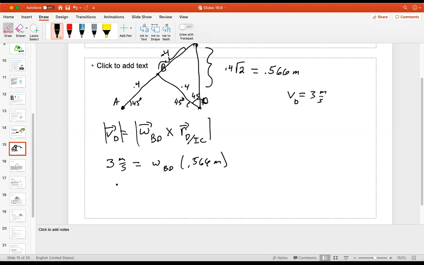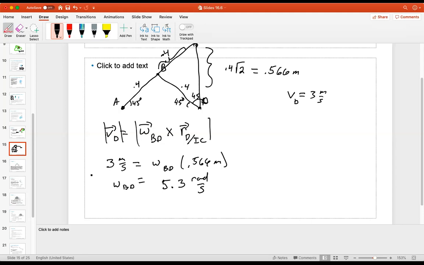And therefore, omega BD must equal 3 divided by 0.566, and plugging in numbers, I get 5.3 radians per second.